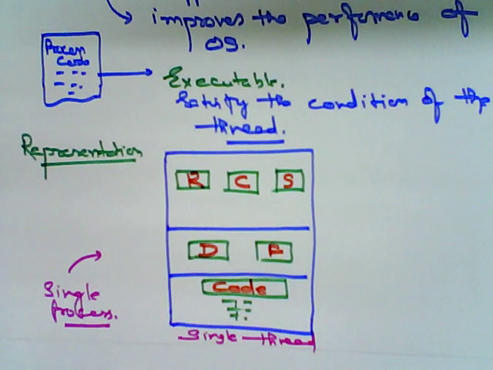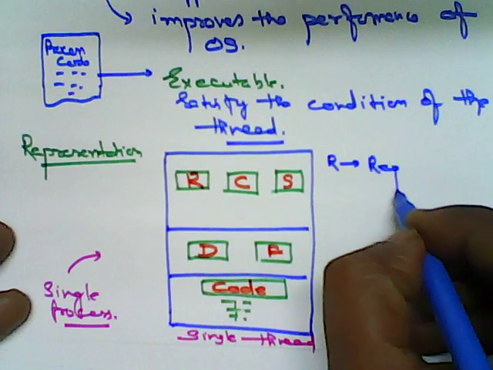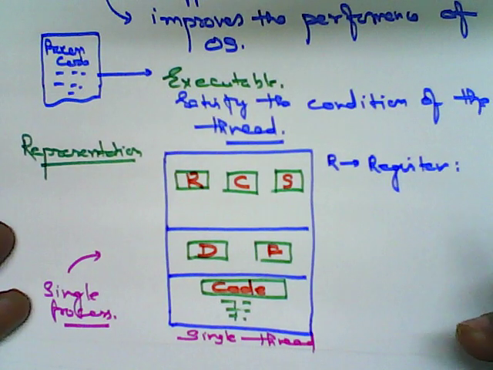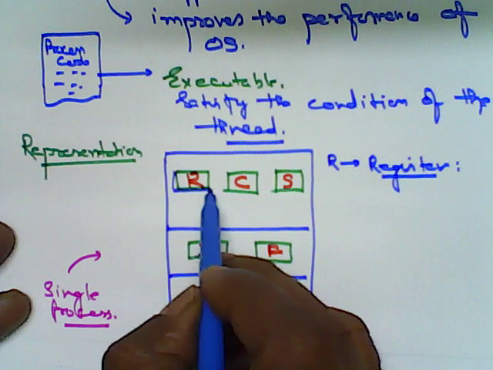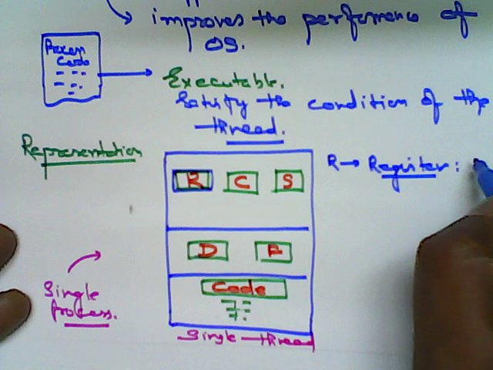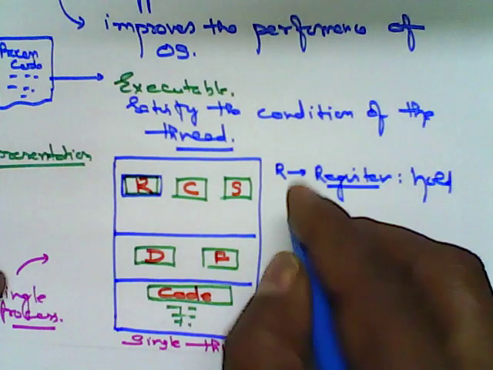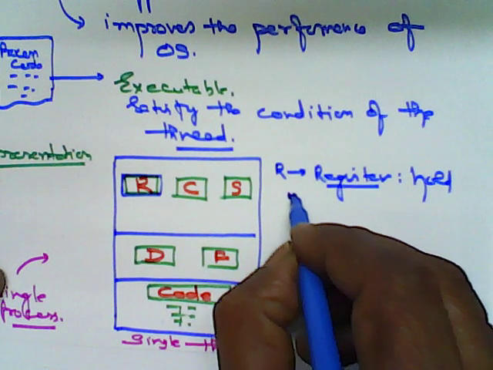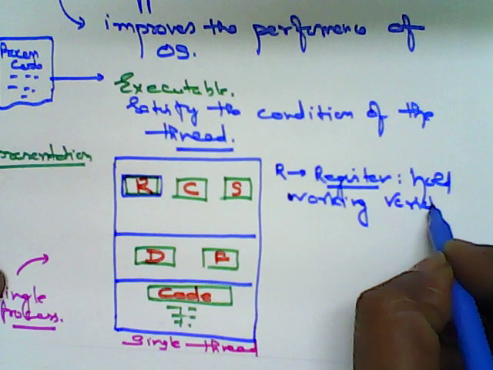That means the thread consists of components like R. R stands for register. The duty of the register is that inside the register, you hold all the variables because it's data. So you have to hold all the working variables.